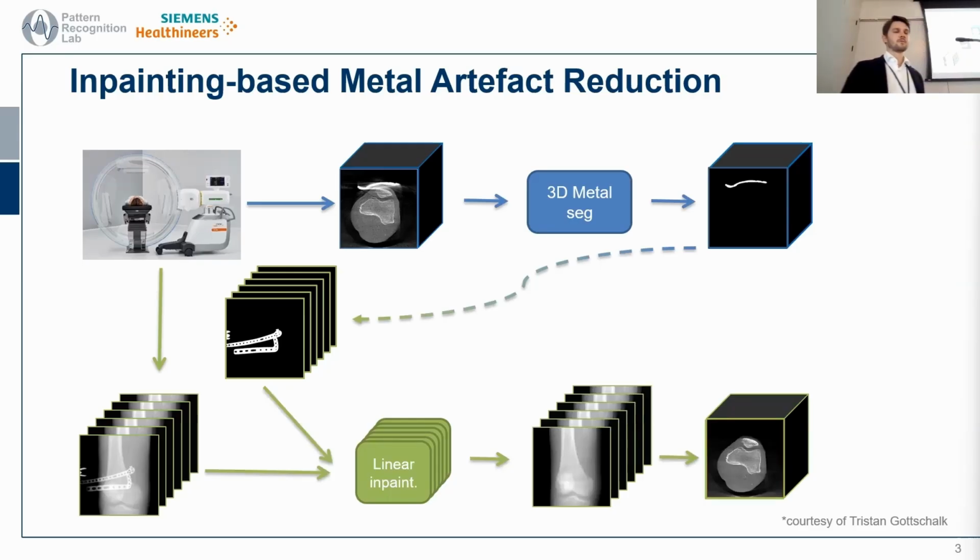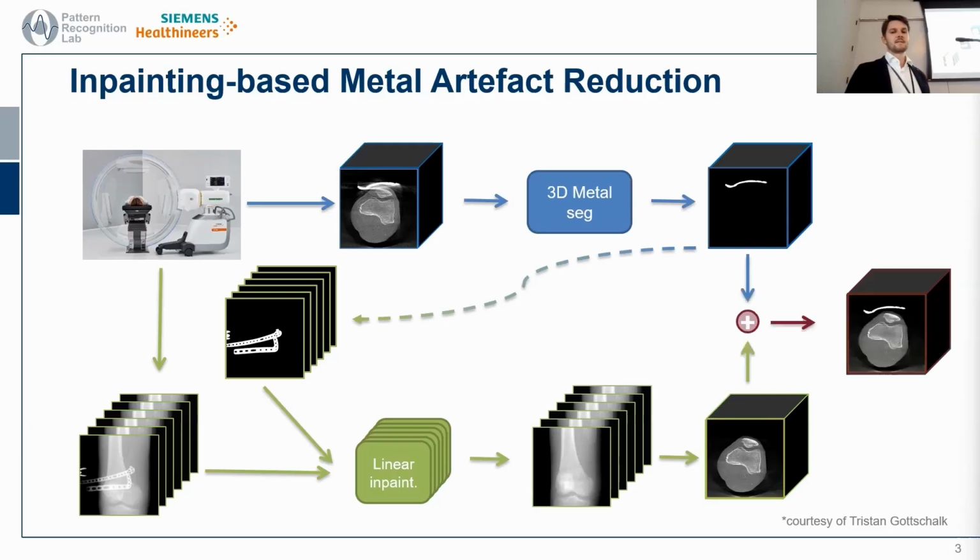If you reconstruct those projection images, you obtain a reconstruction volume without any metal, and also then without the metal artifacts. The final step in this pipeline is to combine the information from this metal artifact-free volume with the 3D segmentation to obtain a volume that has all of the properties we want.